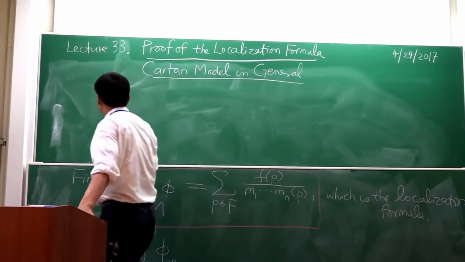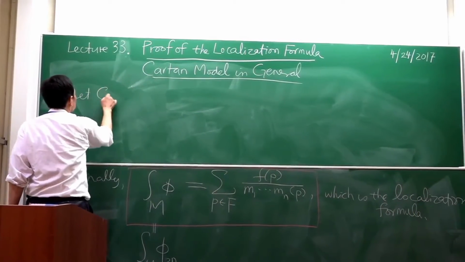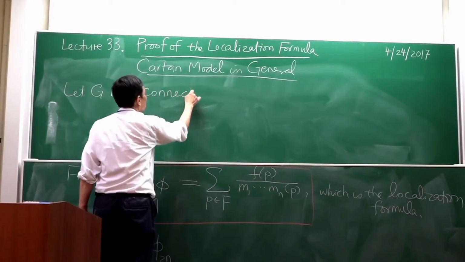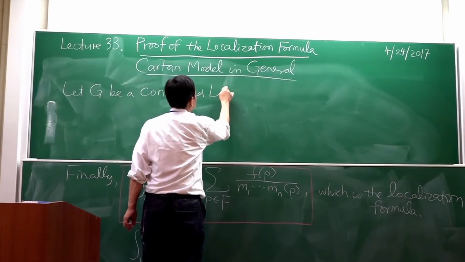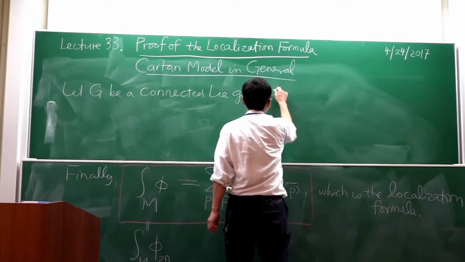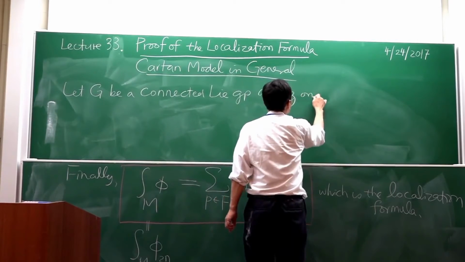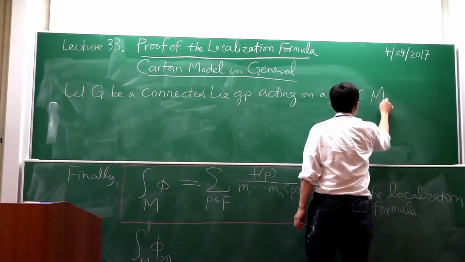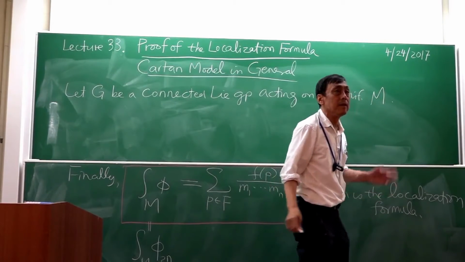Okay. So let G be a connected Lie group acting on a manifold M, say on the left.